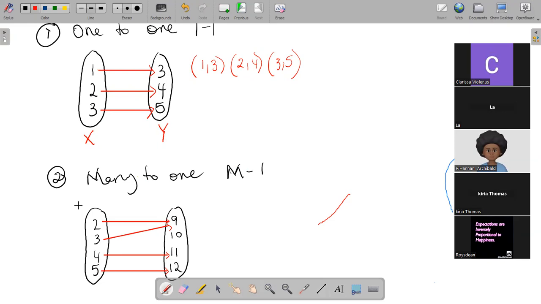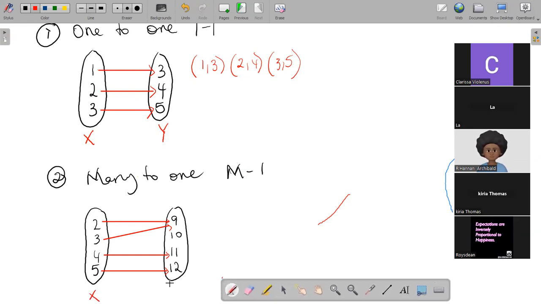If you look at it, you see that there are two different inputs, because don't forget our X and our Y. It got two X's going to one Y. Everybody see it now? The many X's are going to one Y.